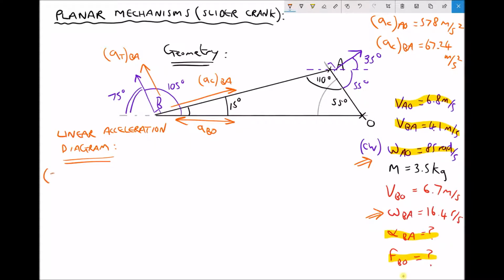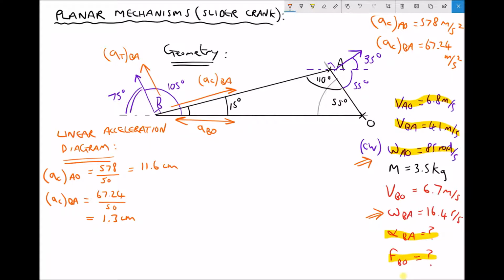So the centripetal acceleration of A relative to O is 578 over 50, which equals 11.6 centimetres. And the centripetal acceleration of B relative to A is 67.24 over 50, which equals 1.3.